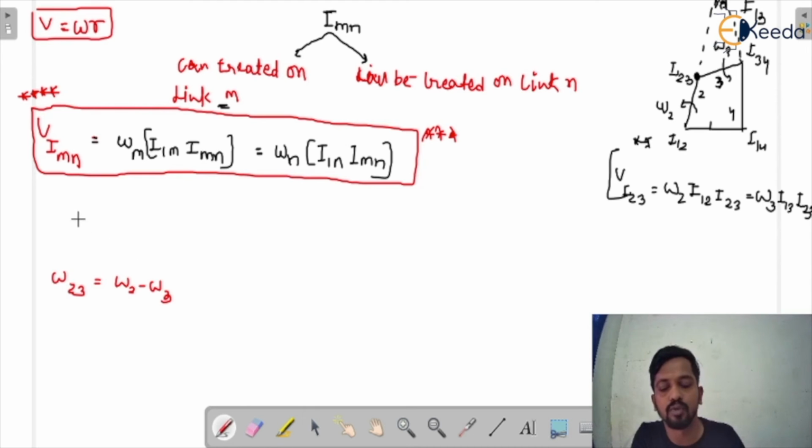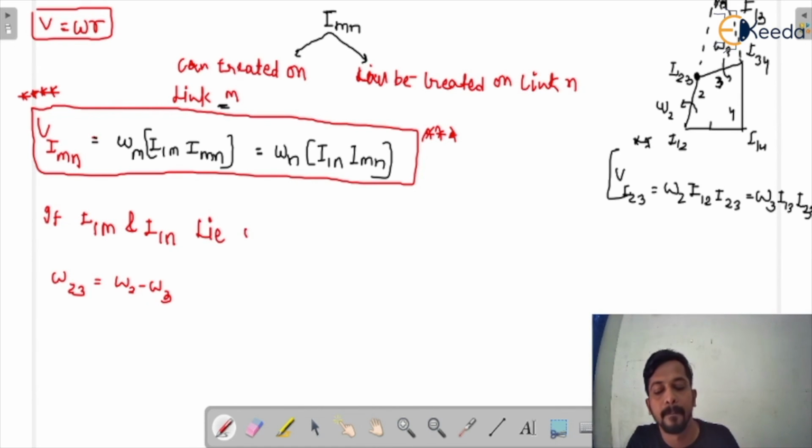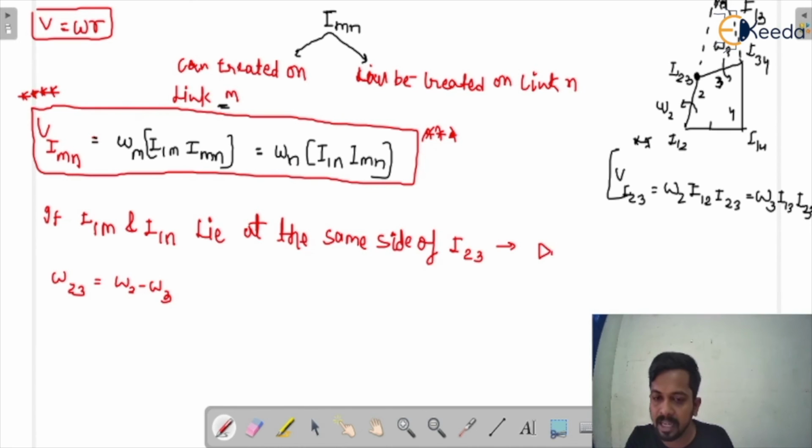If I'm talking about the direction, I'm going to write here that if instantaneous center I1m and instantaneous center I1n lie at the same side of I23, same side, you have to consider the direction the same.